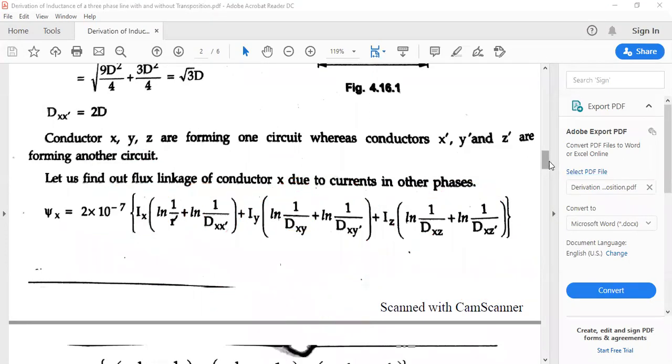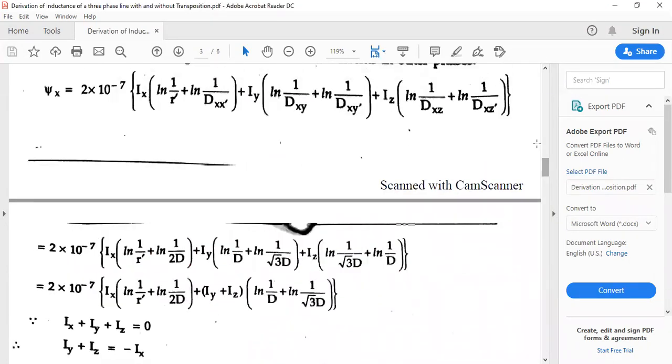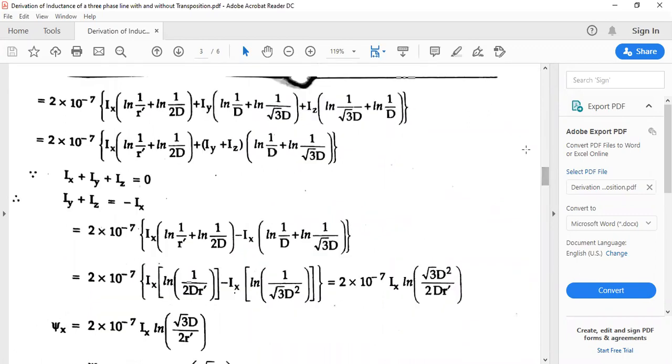Now how to write the equation, you already know it. Let me show you how to come to the final flux linkage equation. As you can see, all the distances are represented with equal distances, which we arrived at in the previous equations. And you can find ix plus iy, ix is a separate term there, sorry.